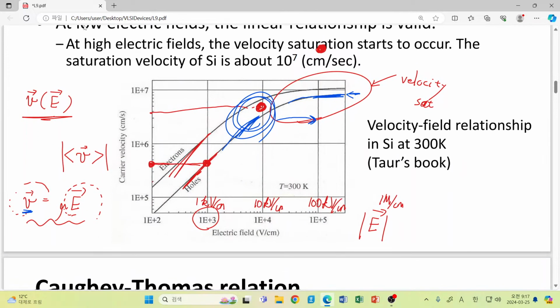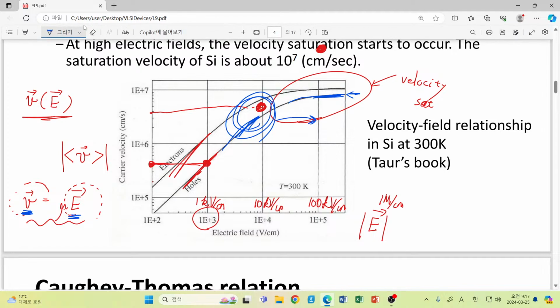So in our previous lecture, we just assumed the linear relationship between velocity and electric field. That was due to scattering itself. However, that relation happens not only in high electric field, but also in quite low electric field.